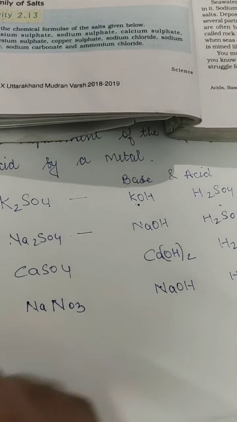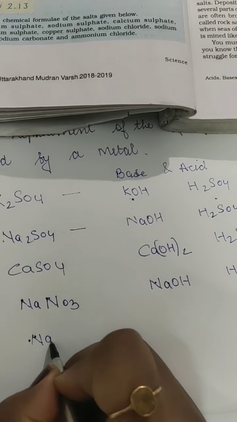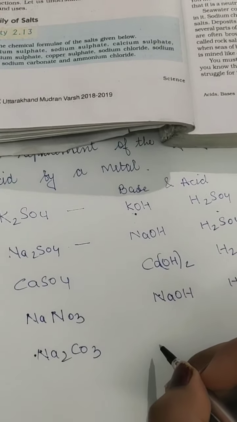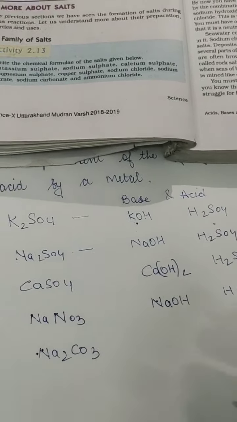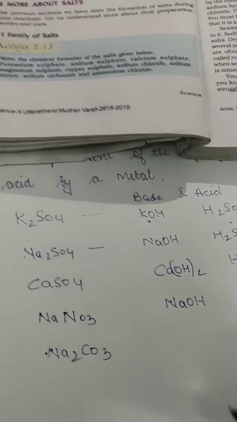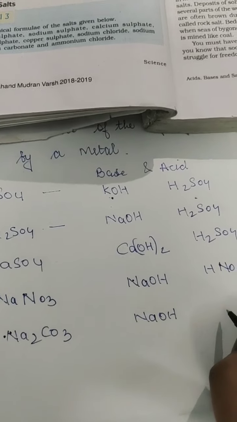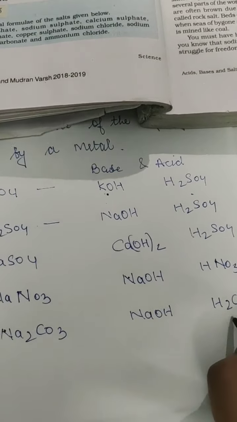Next is sodium carbonate, which is Na2CO3. In this, again the base will be NaOH and the acid will be H2CO3, which is carbonic acid.